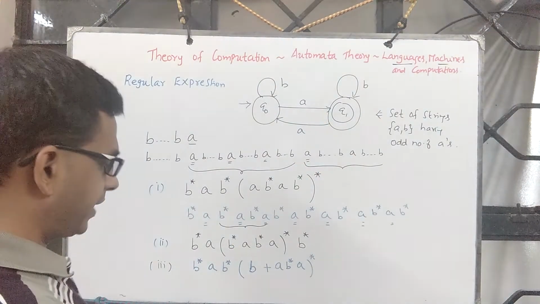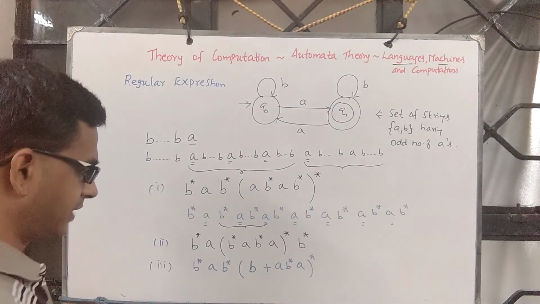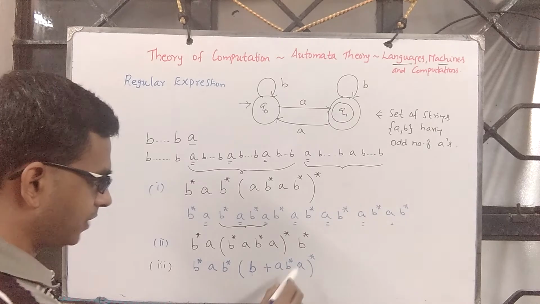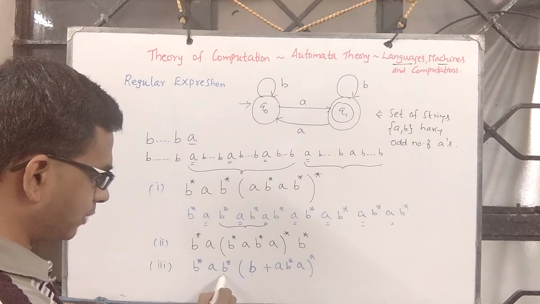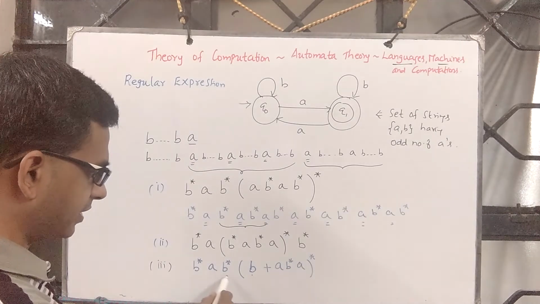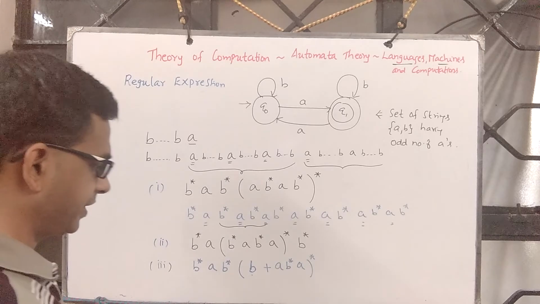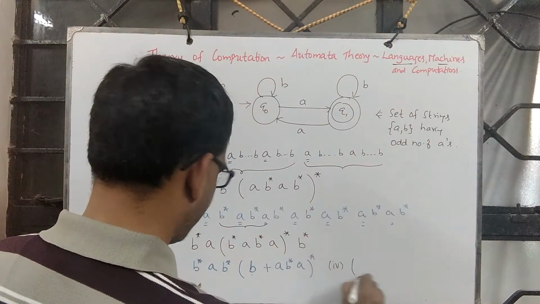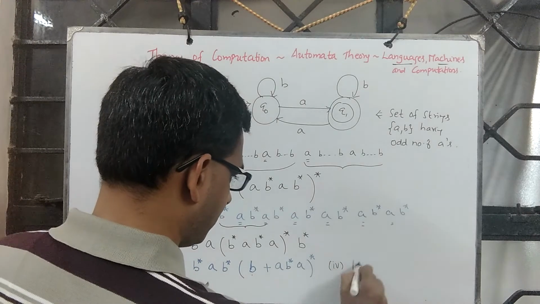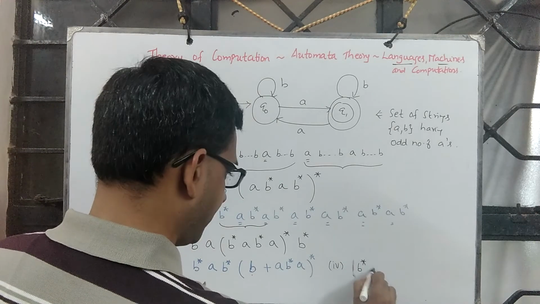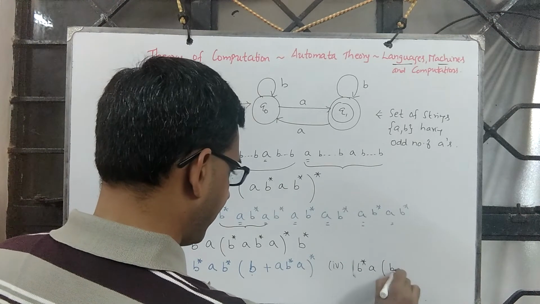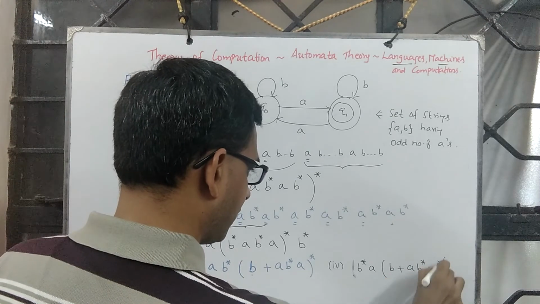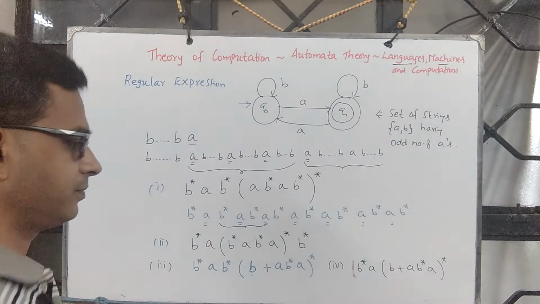So one can also simplify this. For example, this is generating B star and there is one B star outside, so this B star can also be generated using this, right? So which means you can say B star A followed by B plus AB star A whole star.